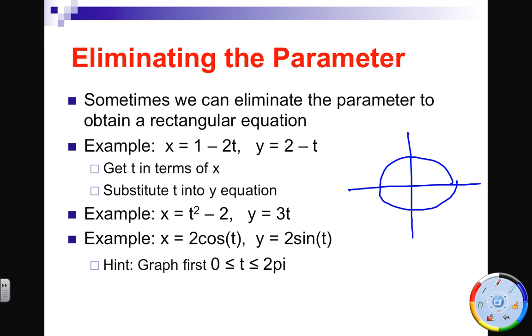My calculator will not graph. That's very interesting. Let's try a different calculator. Okay, hang on here. 0 to 2 pi, scale of 1, negative 10 to 10. Oops, quit. Mode. Sorry about this, guys. Parametric.